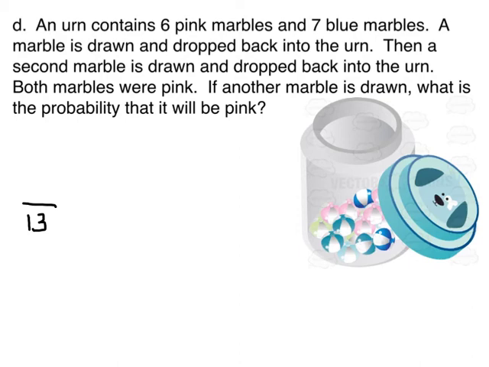If another marble is drawn, what is the probability that it will be pink? Well, if there are 6 pink and 7 blue marbles in the jar, then every time this is called an independent event. Every time that marble is drawn, I have a 6 in 13 chance of getting a pink marble. Alright, so that's how that works.